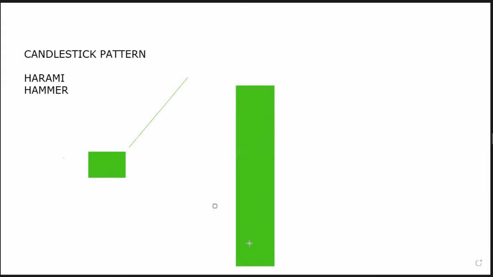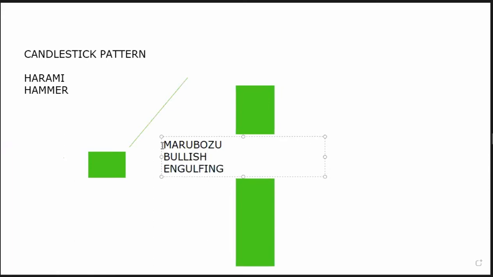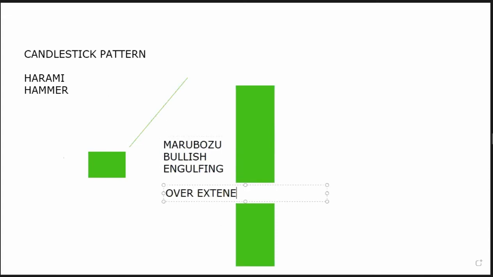This long candle can be a maru bozu or bullish engulfing. This is the name for this long bullish candle. This kind of candle is what I call overextended, or too strong.